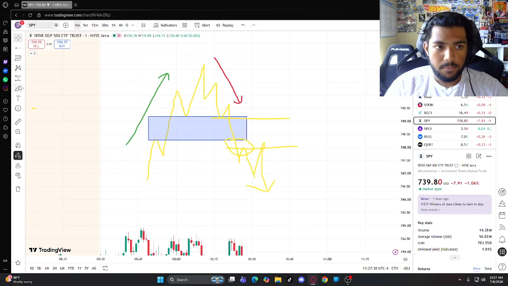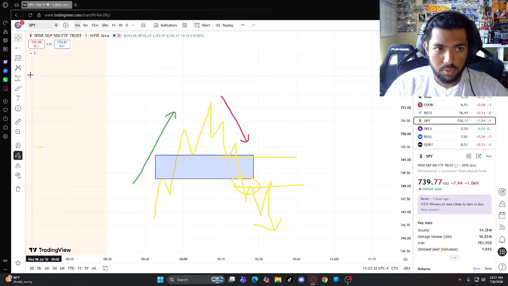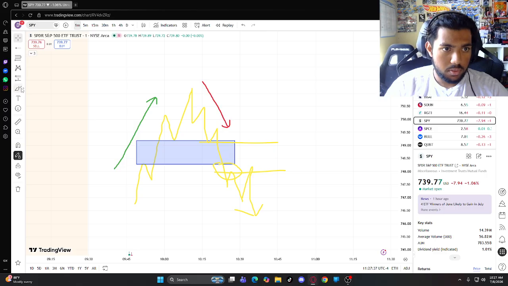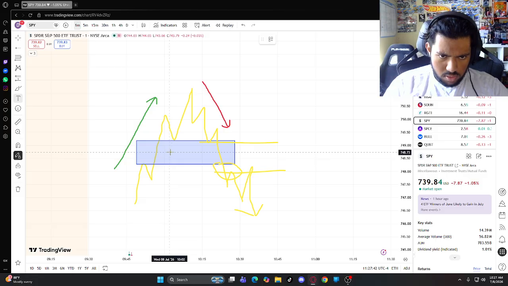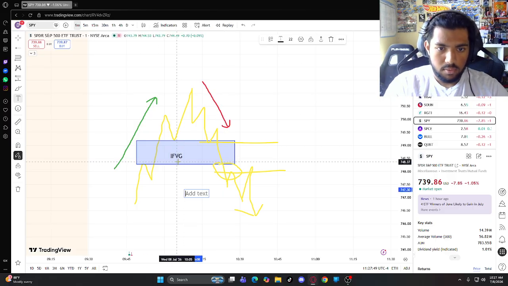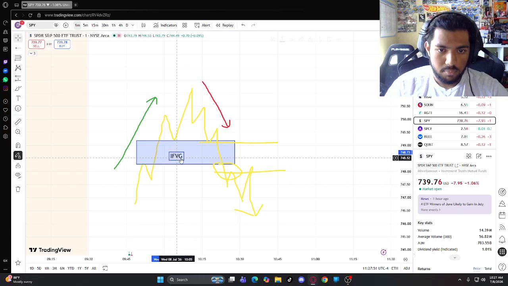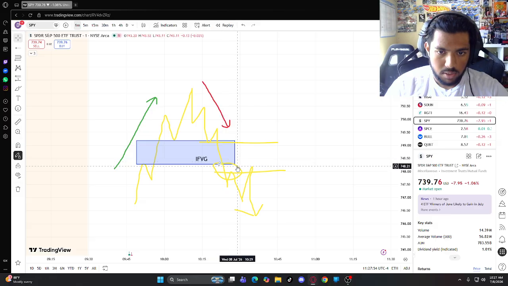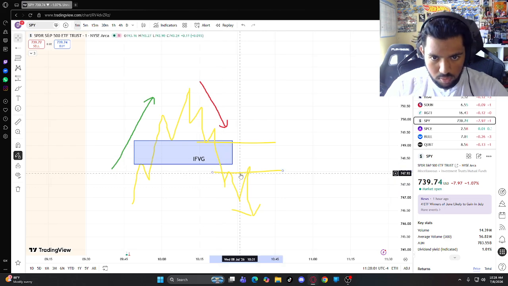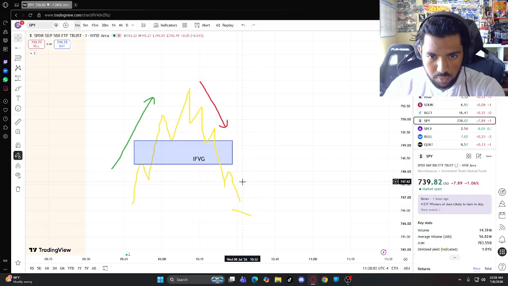Okay, so then I'm going to type out inside here, inverse fair value gap. Why is this considered an inverse fair value gap? Because price came in and closed below it right here. Let me move these out the way real quick.